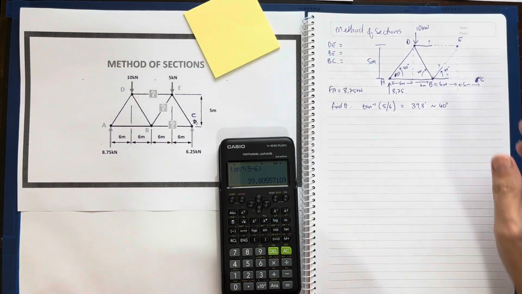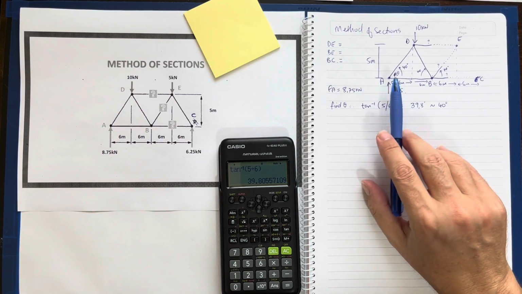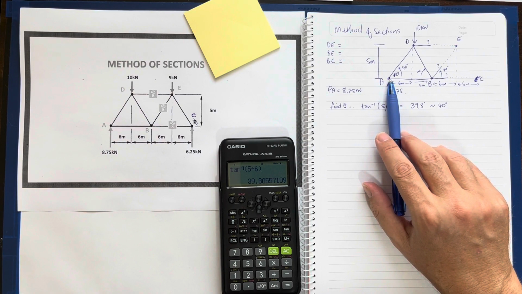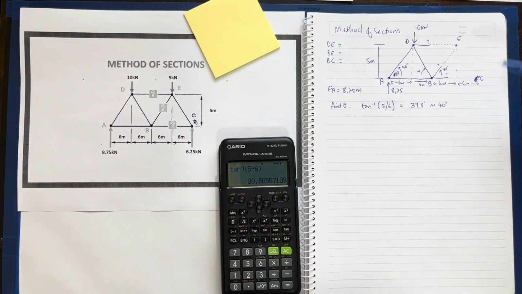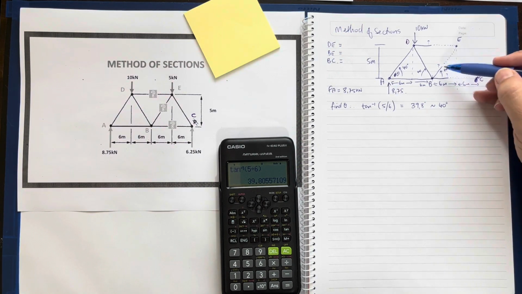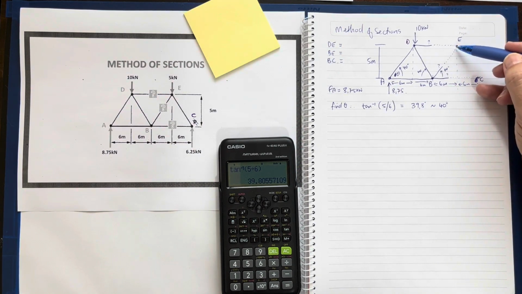So the technique works like this. The first thing you do is you find a point where you can do moments, but you use a point in the beginning. Your first step is to use a point where two of the unknown members connect or intersect.